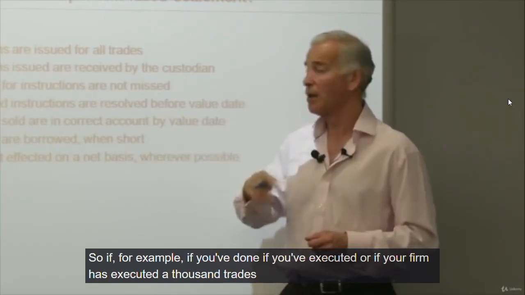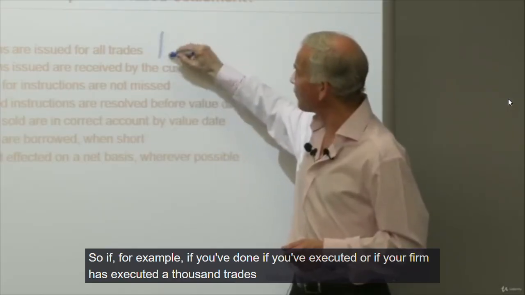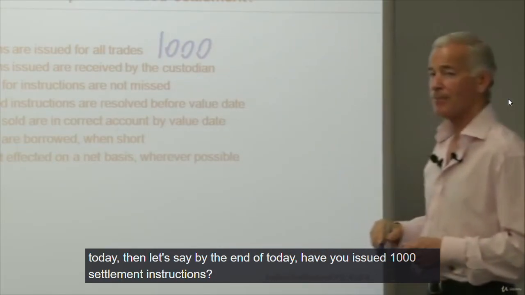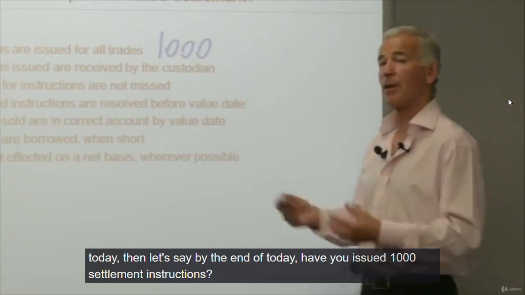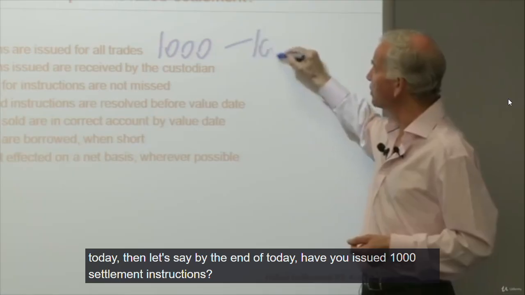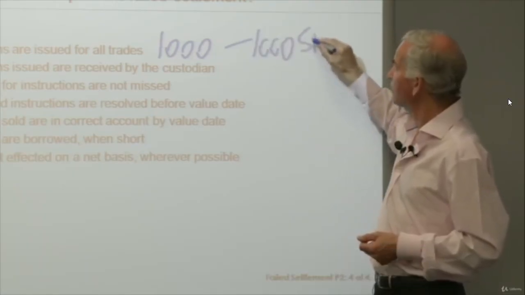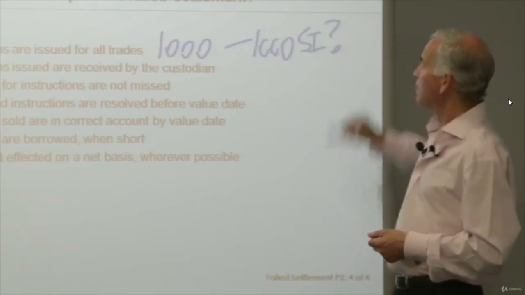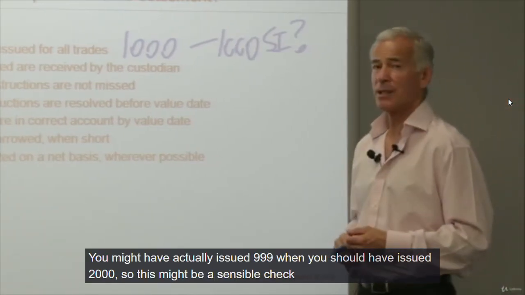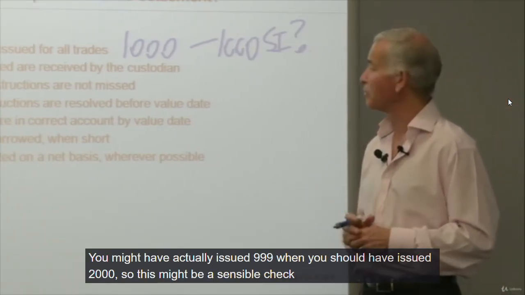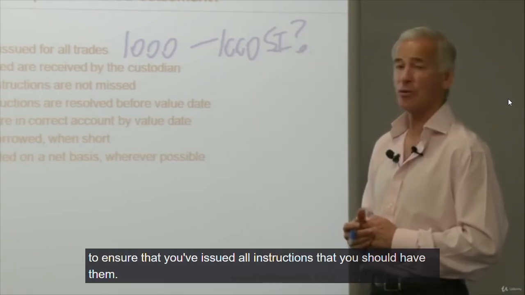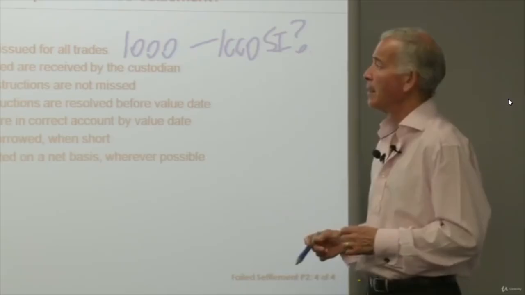So if, for example, your firm has executed 1,000 trades today, then let's say by the end of today, have you issued 1,000 settlement instructions? You might have actually issued 999 when you should have issued all 1,000. So this might be a sensible check to ensure that you've issued all instructions that you should have done.